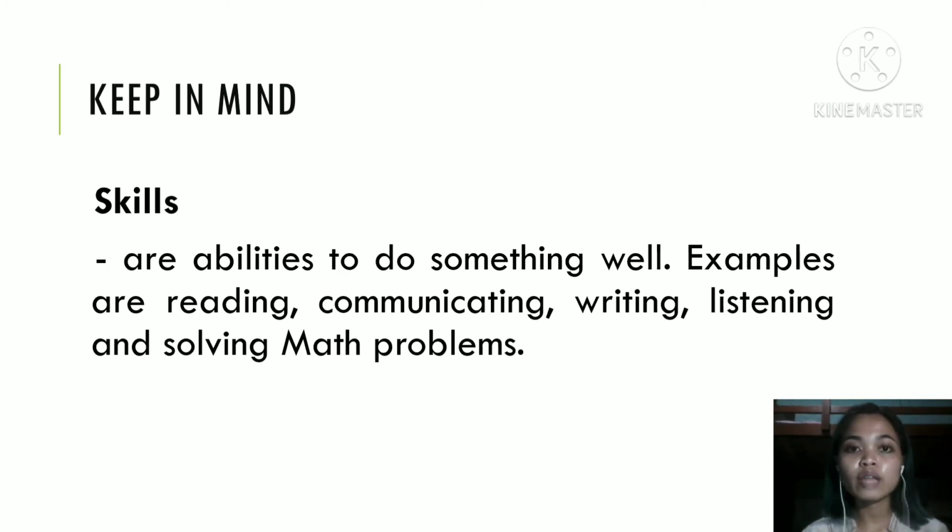Okay, so dito tayo mahusay or magaling, marunong, okay? So, ito yung mga halimbawa ng skills na tayo ay mayroon o maaring mayroon tayong kagalingan. So, we have reading, o yung pagbabasa, communicating, pakikipag-ugnayan, writing, pagsusulat, listening, pakikinig, solving math problems, ito ay pagtutuos.